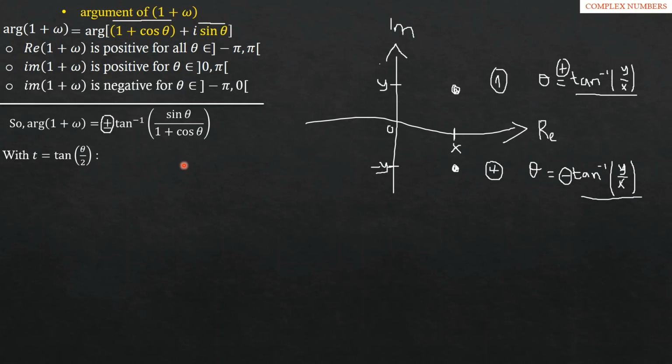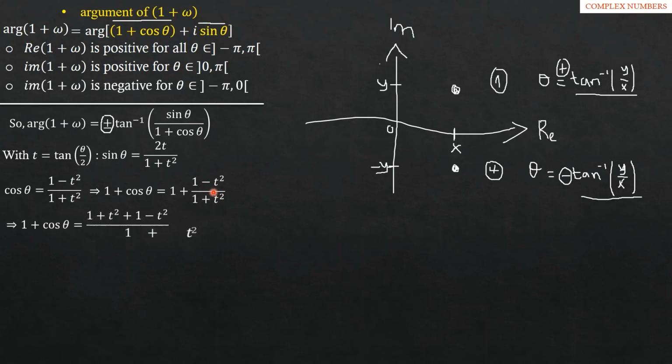So sine theta is 2t on 1 plus t squared, and cos theta is 1 minus t squared over 1 plus t squared. So 1 plus cos theta is 1 plus cos theta. We can look for the LCM, we simplify and we get 1 plus cos theta to be 2 divided by 1 plus t squared. Now I need sine theta over 1 plus cos theta, so it is sine theta divided by 1 plus cos theta.